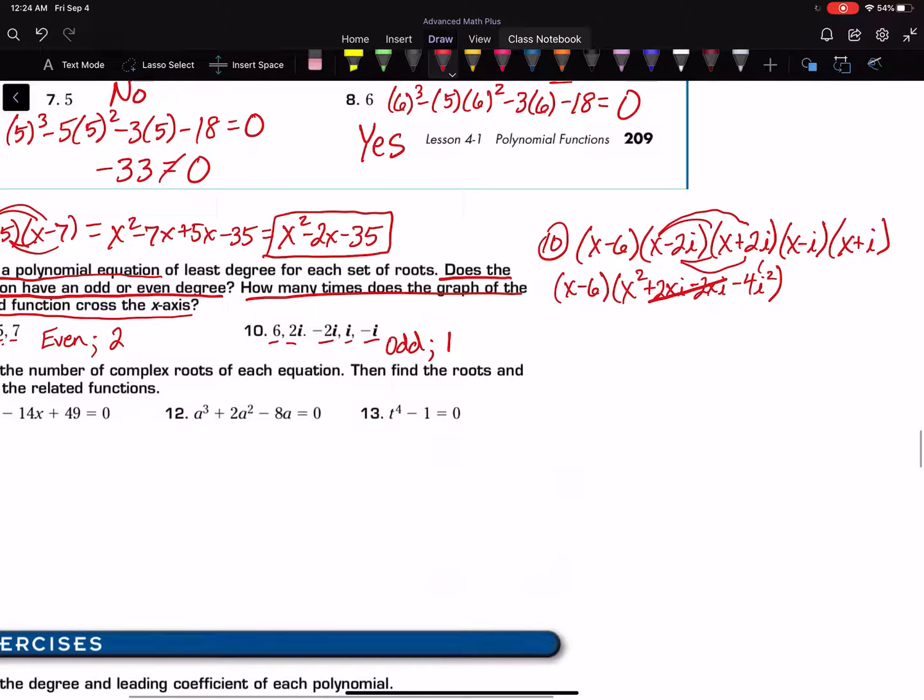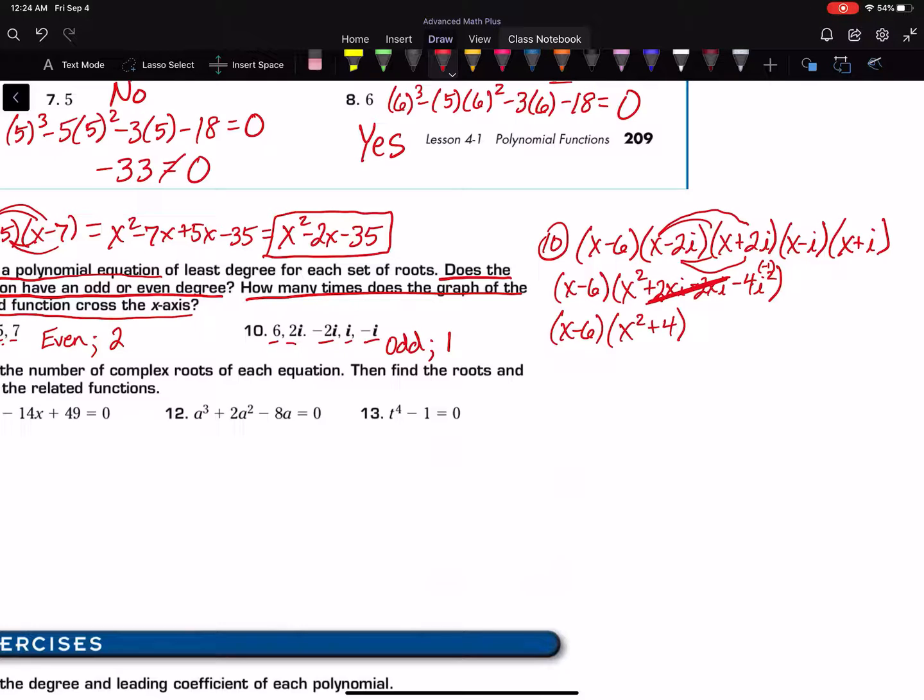This i squared is negative 1, so that will end up being x minus 6 times x squared plus 4. Negative 4 times negative 1 is positive 4.